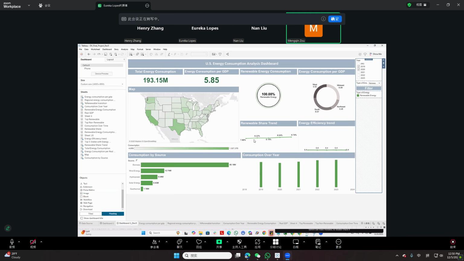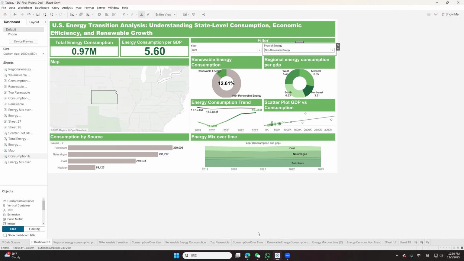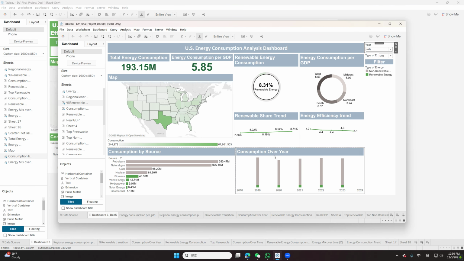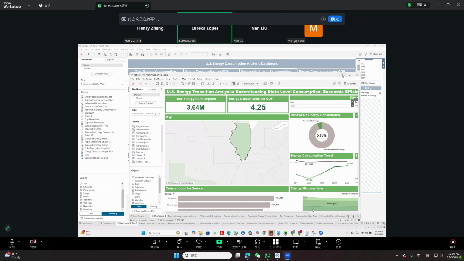It all works for the years and the type of energy. But in your dashboard, I did not see that you have included this efficiency trend. So that's why I was thinking how we can do this. Your dashboard is on the previous instance, not the one that I worked on last night.